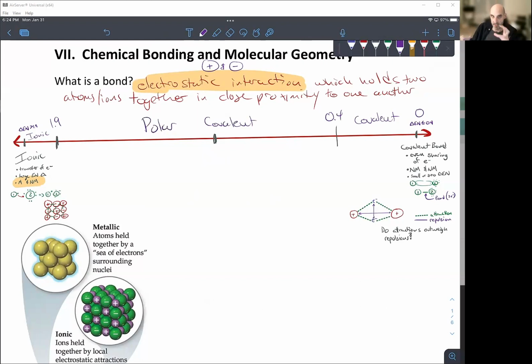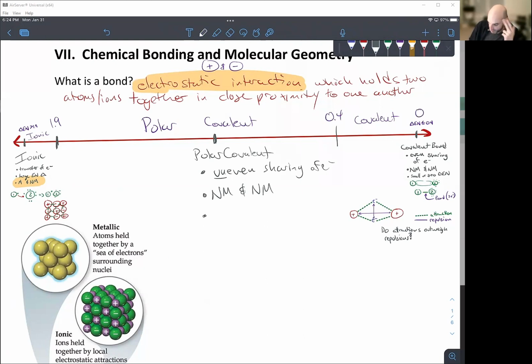So the delta En is going to have, there's an electronegativity difference. So in the middle, I have polar covalent. It still has the same features as a covalent bond, as in it is a sharing of electrons, but instead of even sharing, it is an uneven sharing of electrons. And we still have to have a nonmetal and a nonmetal.